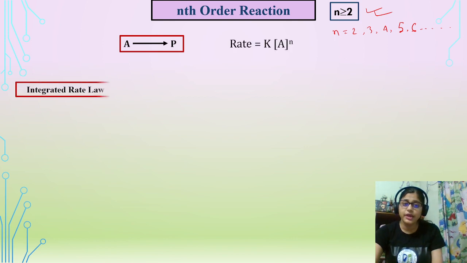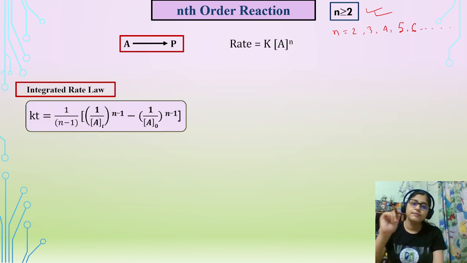So if any nth order reaction is looking like this, the rate will be k A to the power n, obviously the order is n. So the integrated rate law will be kt = 1/(n-1) [1/A^(n-1) - 1/A0^(n-1)].